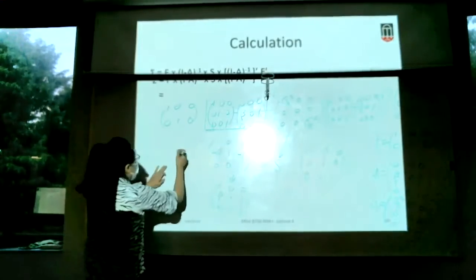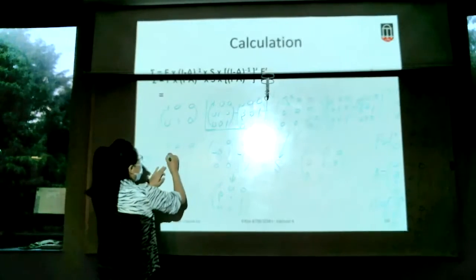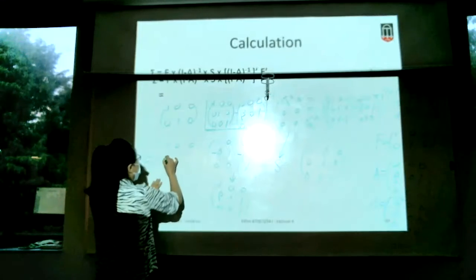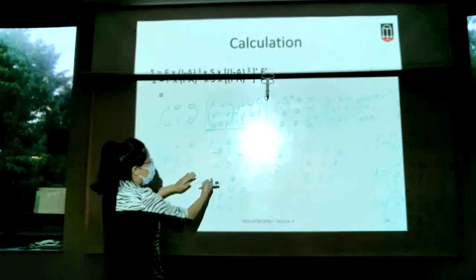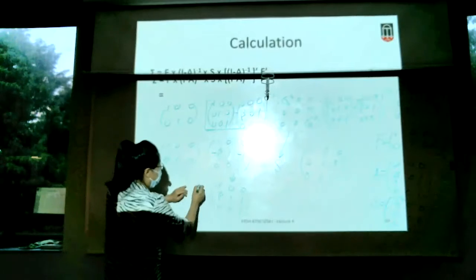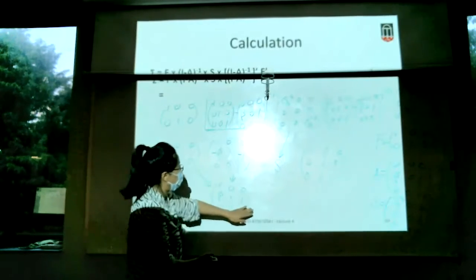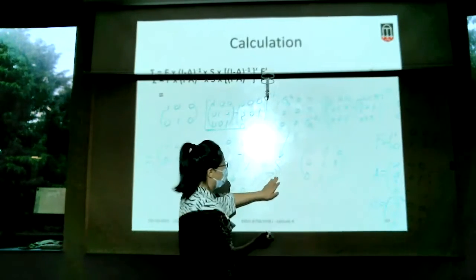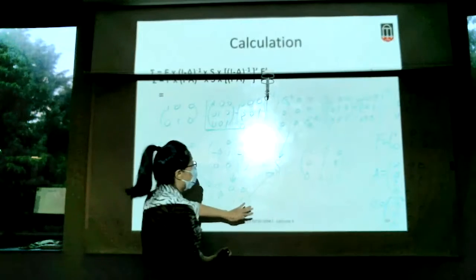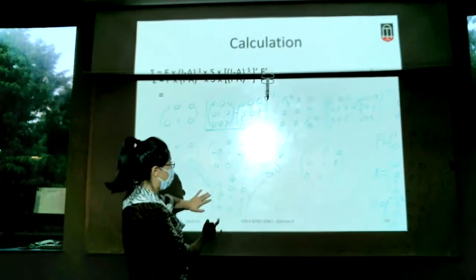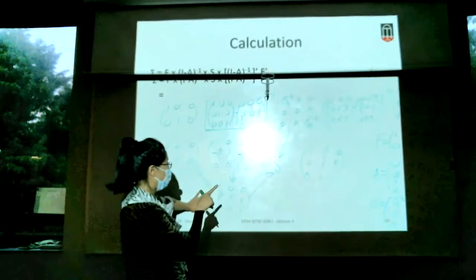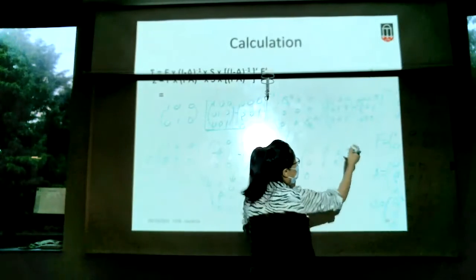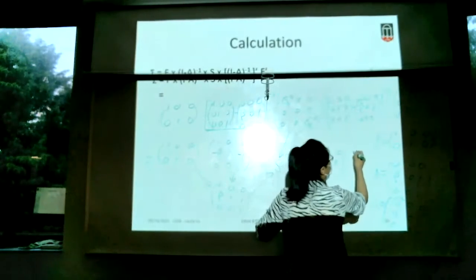And we have F here. So F times this inverse matrix, times S, times the transpose of the inverse, and times the transpose of F, it's here.